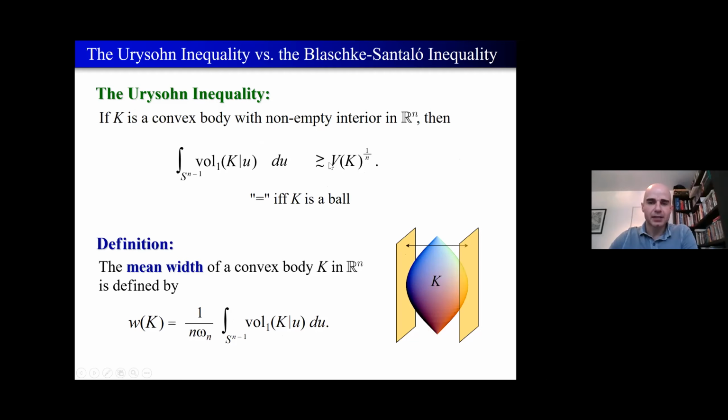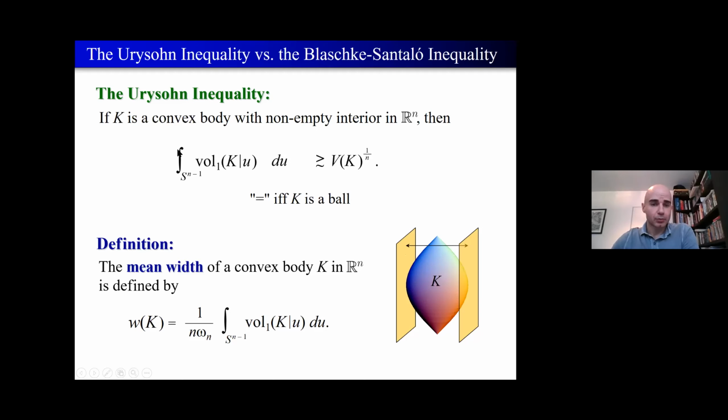And I'm suppressing here a constant, which I indicate by this twiddle. So whenever you see an inequality sign with a twiddle, this just means there's a constant here that's easily computed by plugging in, for example, the equality conditions. So that's, again, just Urysohn's inequality.